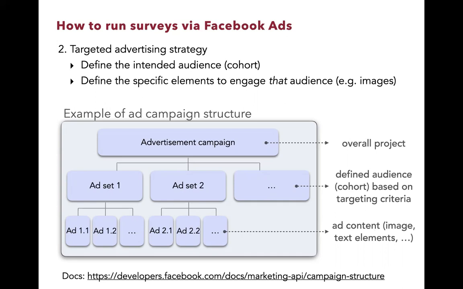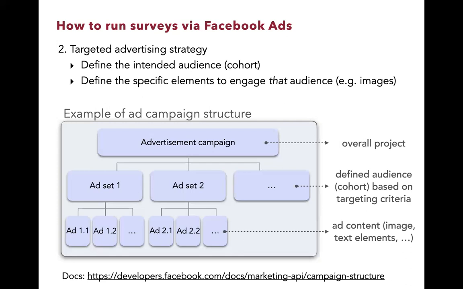And then the third level consists of the advertisements themselves. Each ad set can consist of different advertisements, which can differ, for example, in the ad content in terms of different images, text, different links, videos, and so on, in order to optimize the delivery of your advertisements.